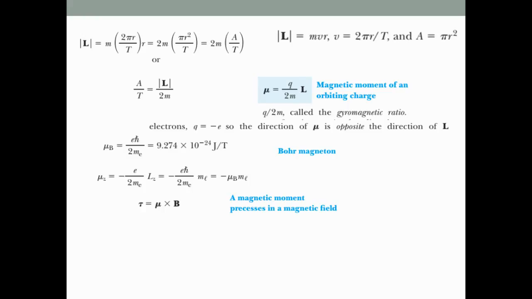Instead of aligning itself with B, however, the moment actually precesses around the field direction. This unexpected precession arises because mu is proportional to angular momentum L.